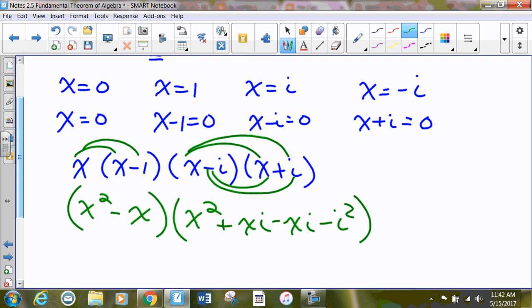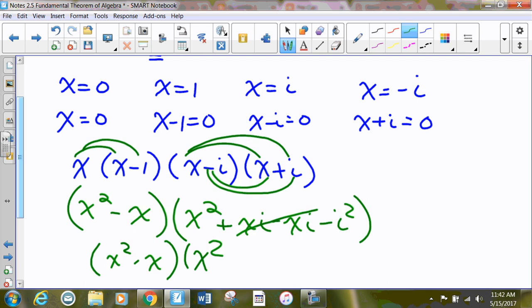So then we're going to have x squared minus x, and then we'll have x squared, and my two outer and inner terms cancel out. And then I've got minus an i squared, and I know that i squared is negative 1.